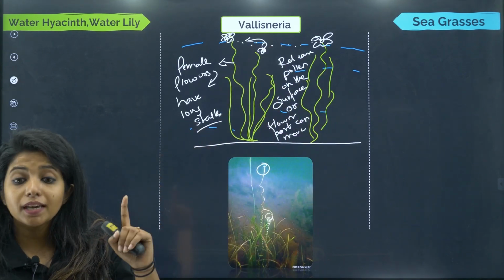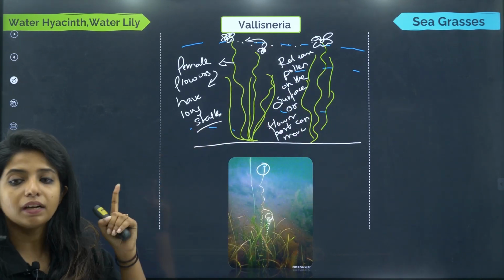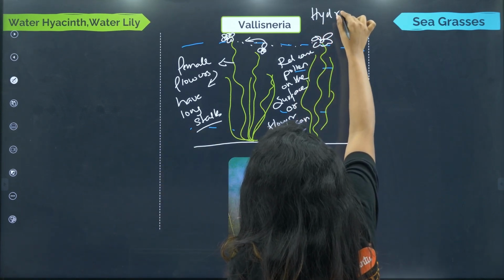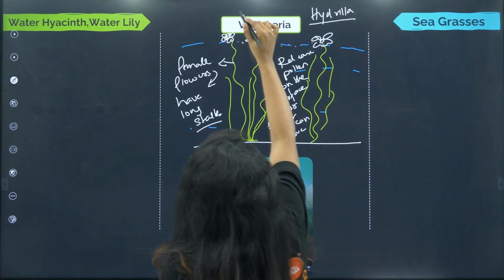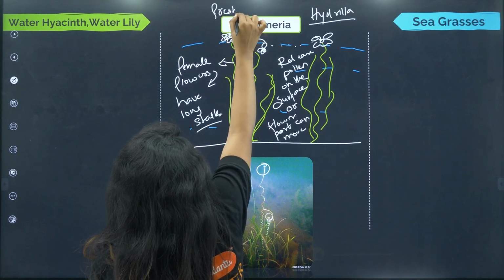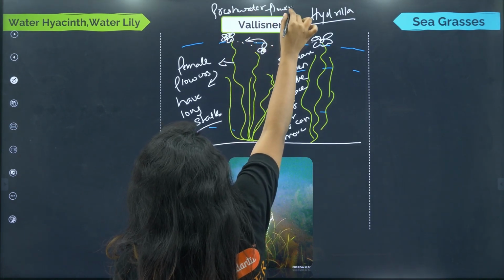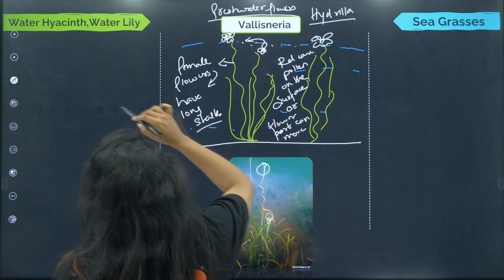That is also there. This is the case of Vallisneria and Hydrilla, children. Both of them, they are freshwater flowers, or plants, okay, freshwater plants.